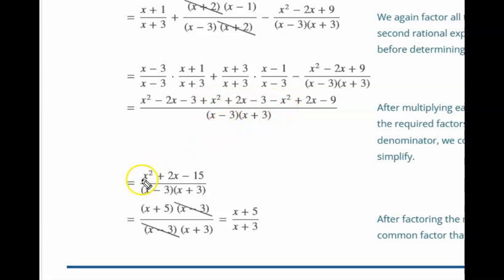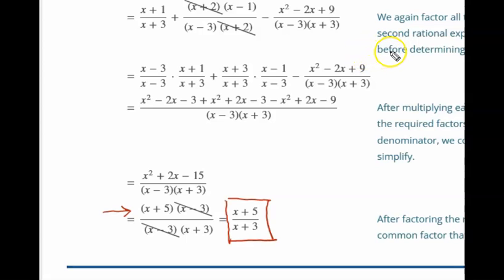Now, once you get your final answer, notice this can now be factored into this. And we have common factors. So after all is said and done, this is your answer. Now, when you do your practice and certify, you'll get one like this.